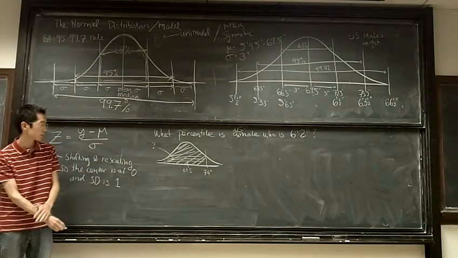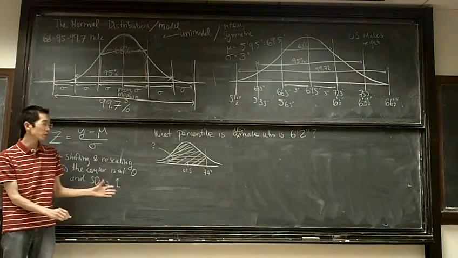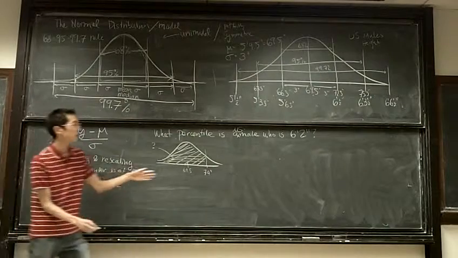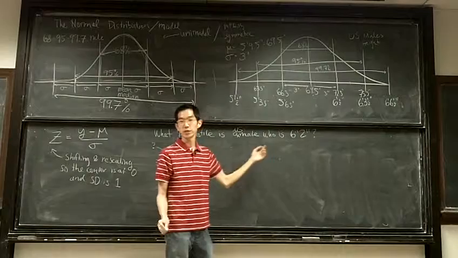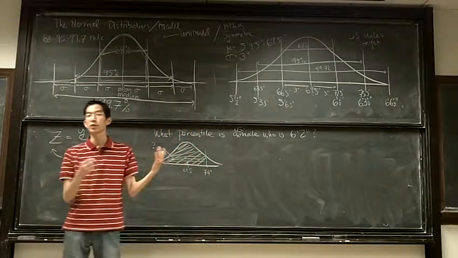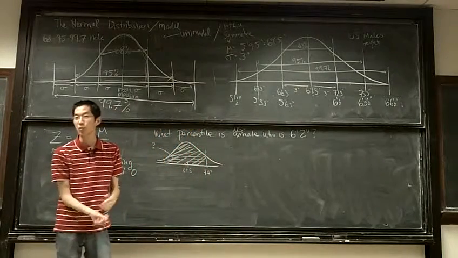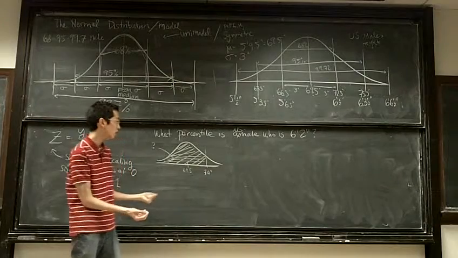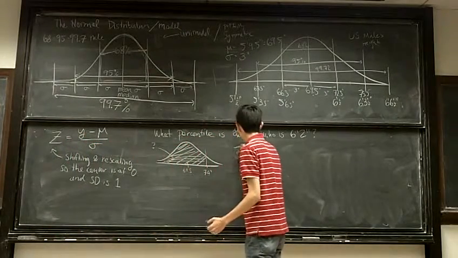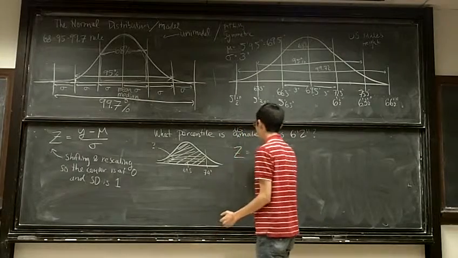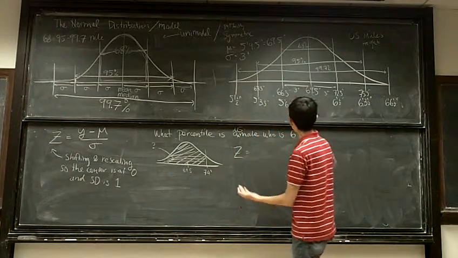Okay. So the way we're going to do this is we're going to change our height to a z-score. And a z-score is basically the number of standard deviations above the mean someone is, okay? So we go to a z-score. So the z-score is the number of standard deviations someone is above the mean.